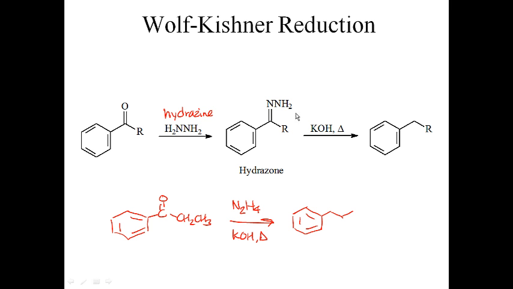We'll talk about how we form hydrazines later on in the semester, and we probably won't talk about the KOH and heat step, but this is Wolff-Kishner. Now you need to know the reagents for Wolff-Kishner, as well as that those reagents are called Wolff-Kishner. Same thing's true for Clemmensen.